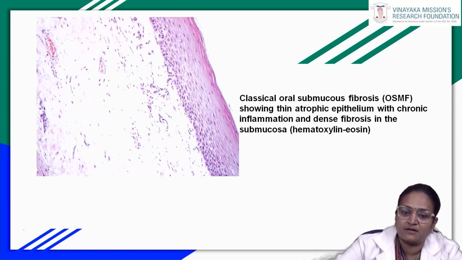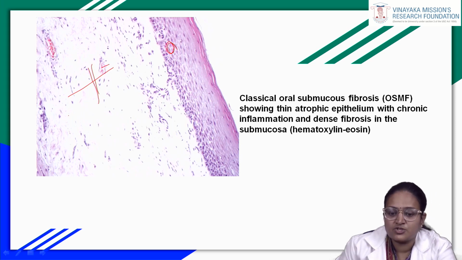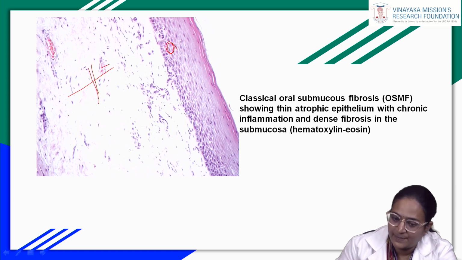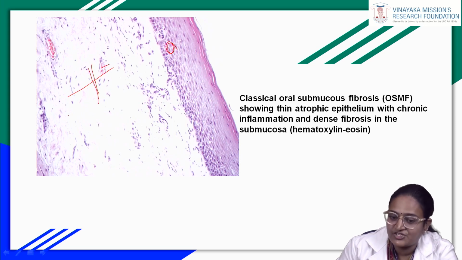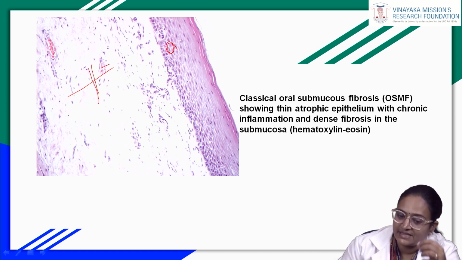Here you can see the thin atrophic epithelium, and here the fibrosis in the connective tissue. Microscopically, the early lesion shows very atrophic epithelium with minimal hyperplasia. There is inflammatory cell infiltrate beneath the epithelium, fibroblasts remain very active, and the collagens are very thin.